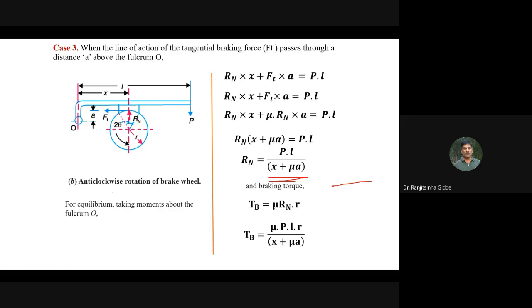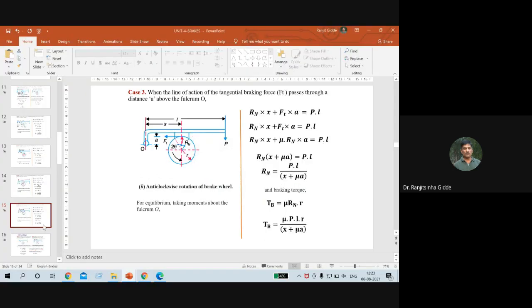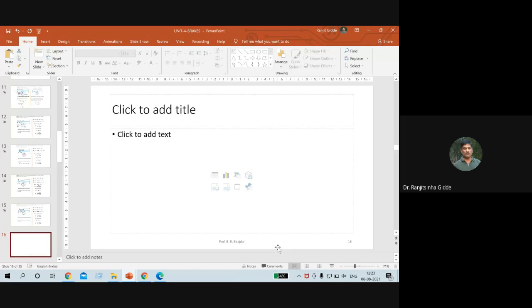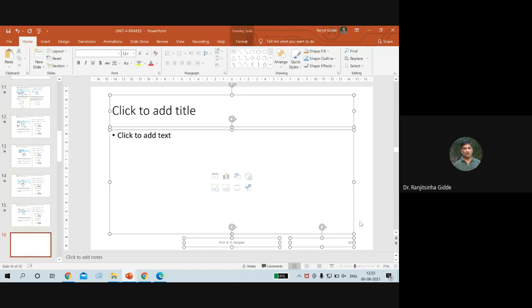Okay. To summarize the three cases, we will revise all three cases. So first case, just I will refer here. You should remember these formulas. Case 1.